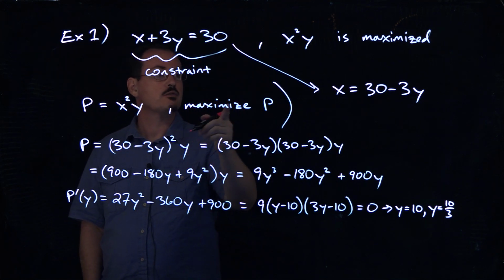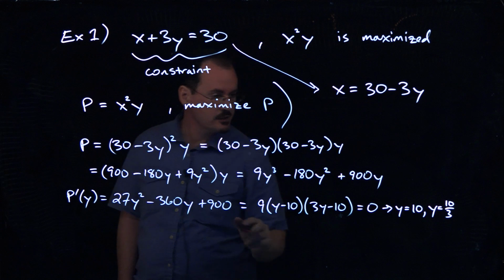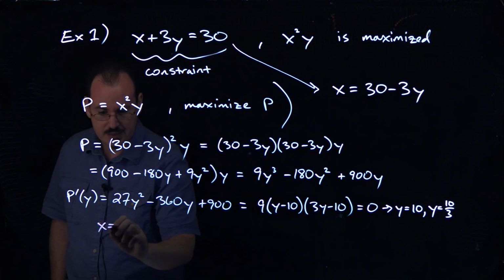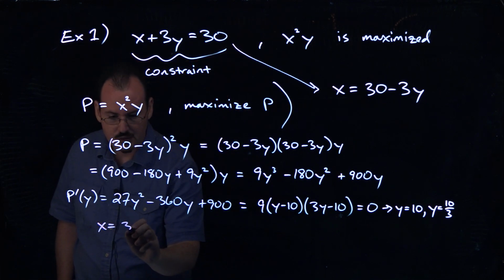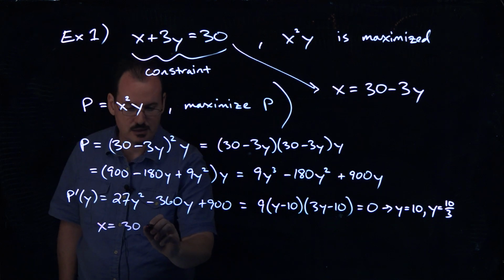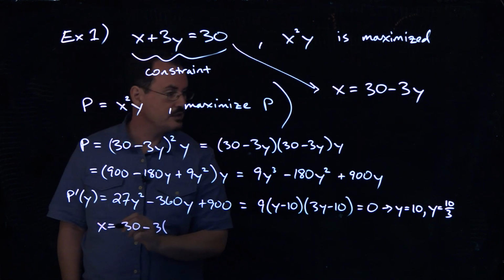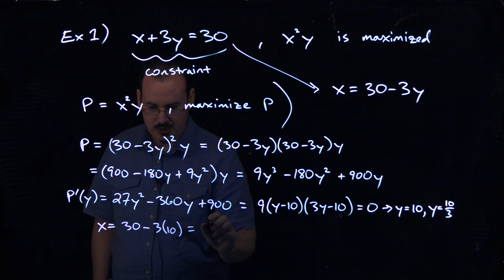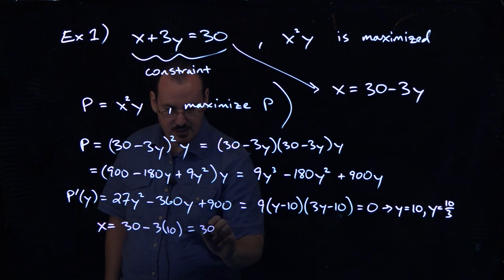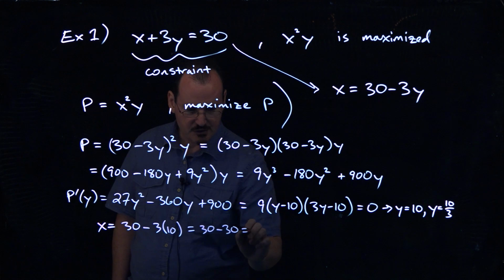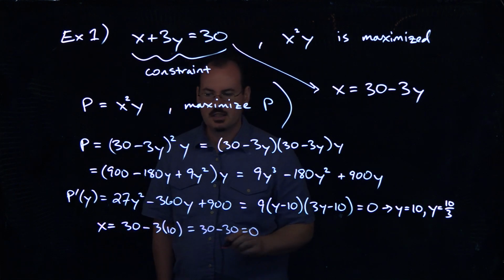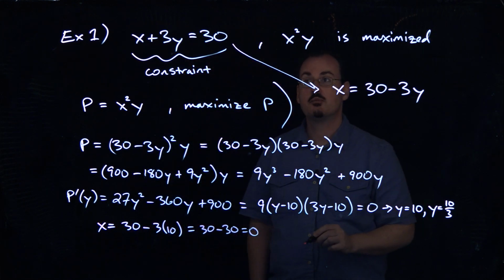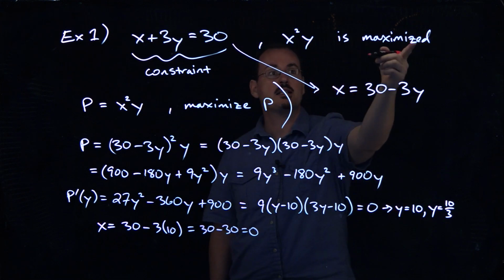So let's find x as well. To find x, we'll just use that right there. So x is equal to 30 minus 3 times 10. Notice what that gives us. We're going to get 30 minus 30, which is 0. Now it does say to find two non-negative numbers so that this thing is maximized.